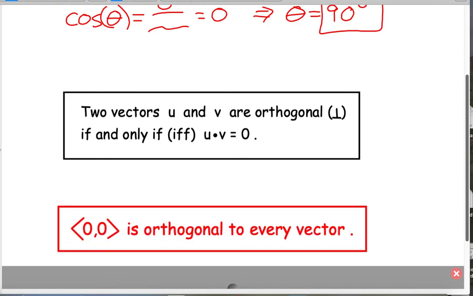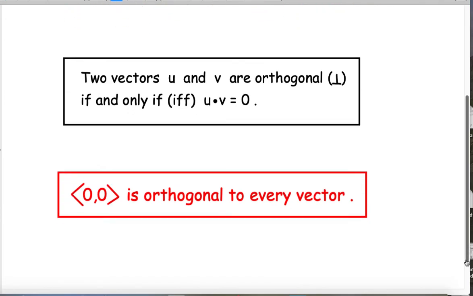And the vector 0, 0, sometimes people don't think that that's actually a vector, but the vector 0, 0 is orthogonal to every vector. And if you think about that for a minute and say, well, what would you get if you did the dot product of the 0, 0 vector with any other vector? Obviously, you're going to get 0. So that makes sense.